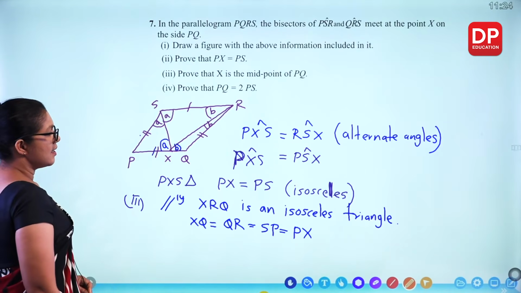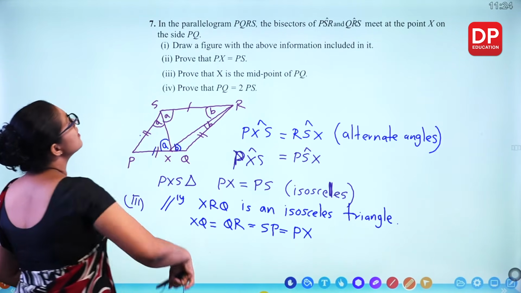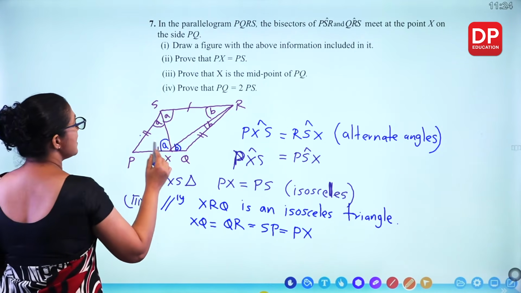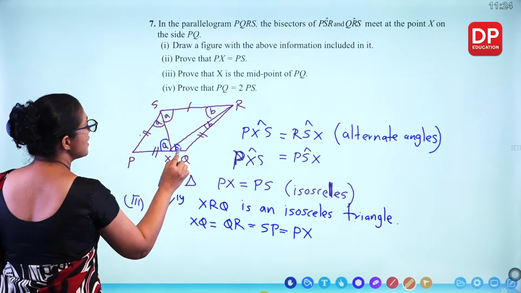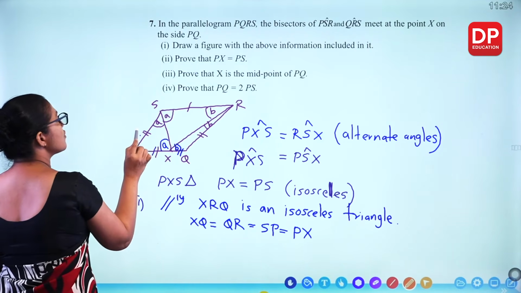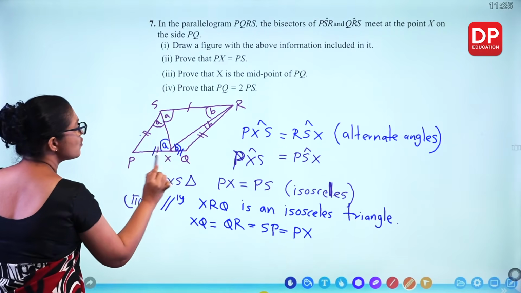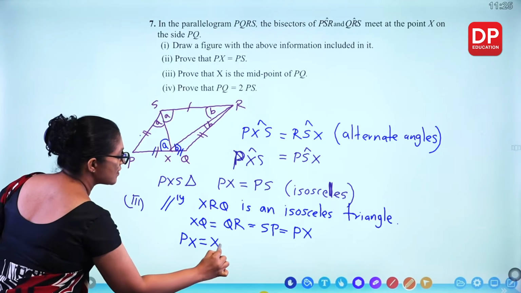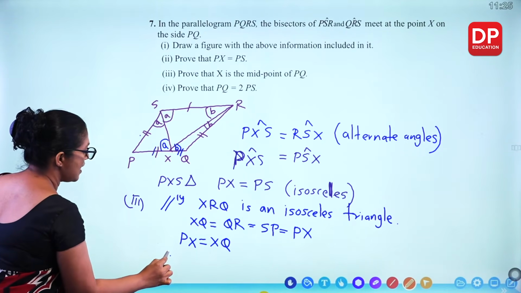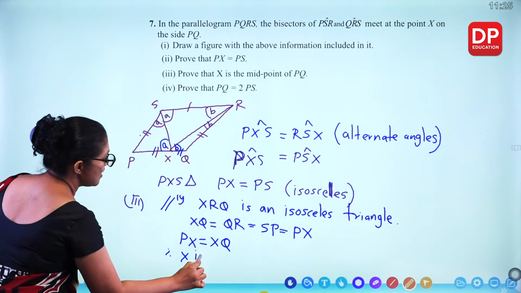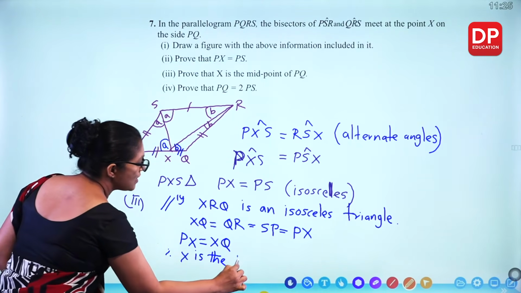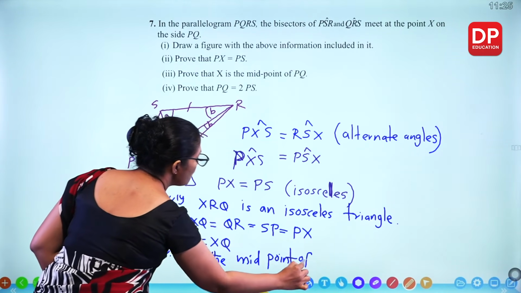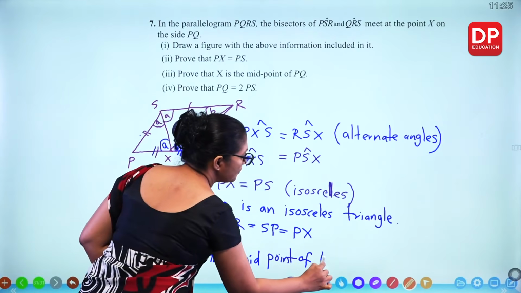That's from part 2. So what can you say about all these lengths? This one is equal to this length. This is also equal to this one. So these two lengths are equal. So PX is equal to XQ. We can say straight away X is the midpoint of PQ line.